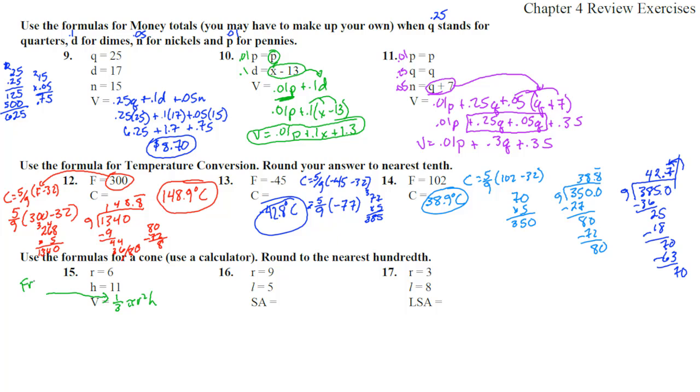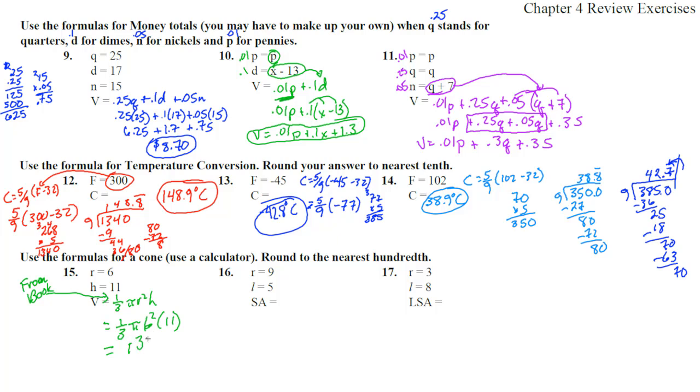Let's write that in just so everybody can see that we didn't memorize that guy. We found him in the book. So that's going to equal 1/3 pi 6 squared times 11. So 1/3 times, let me see, 6 squared is 36. 1/3 of that is 12. 12 times 11 is 132.